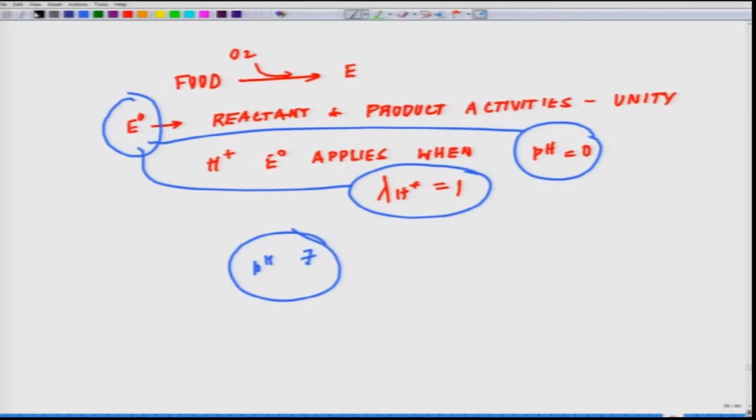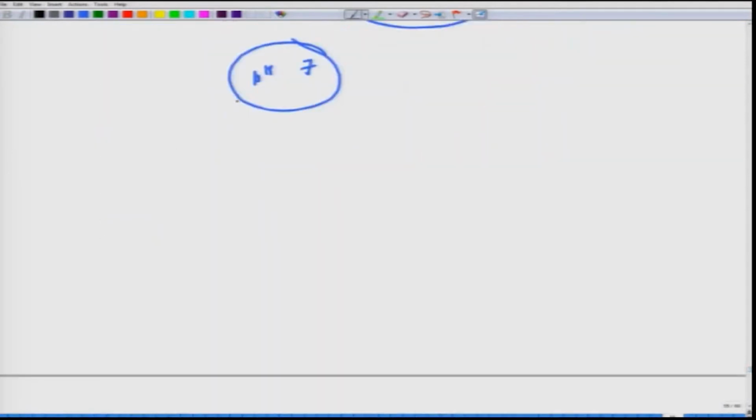Inside a plant or animal cell, the pH is 7. So, the reduction potentials that apply at pH 0 are not appropriate.